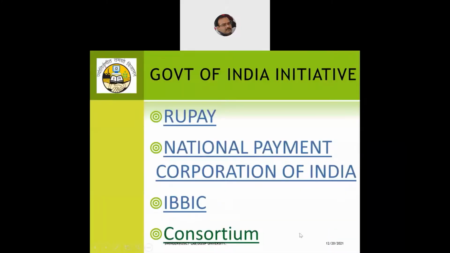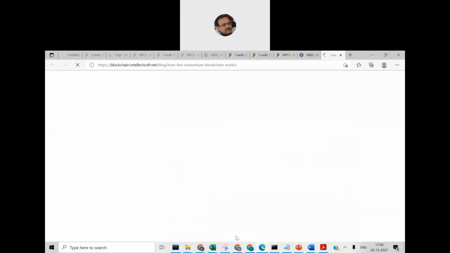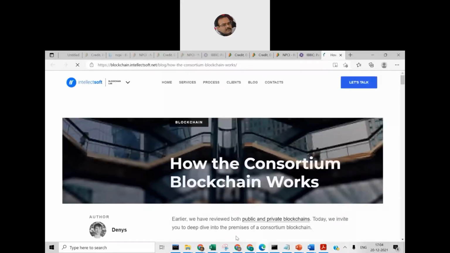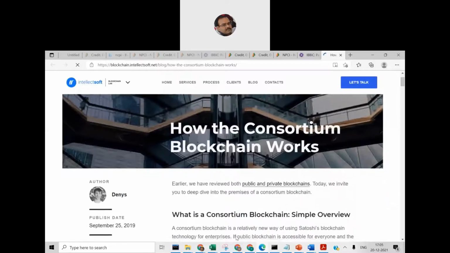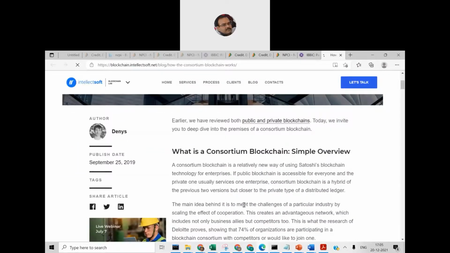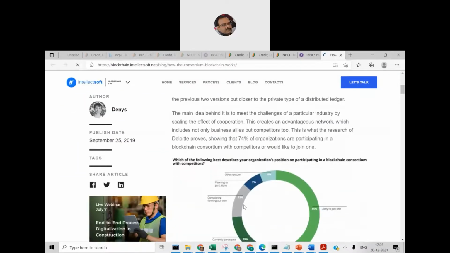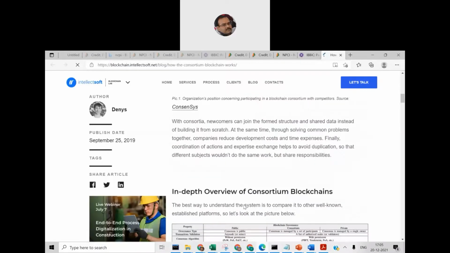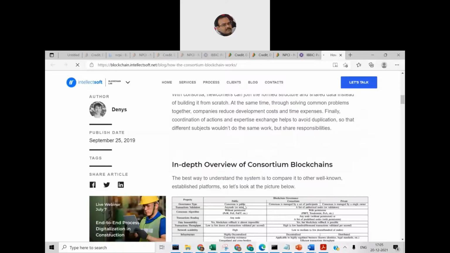Then we have also got another consortium. Consortium means a collection of different companies that work in the same domain. So it's a consortium blockchain wherein many companies, public and private sector companies, work together to create a different kind of blockchain.